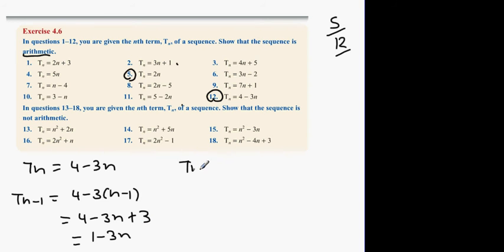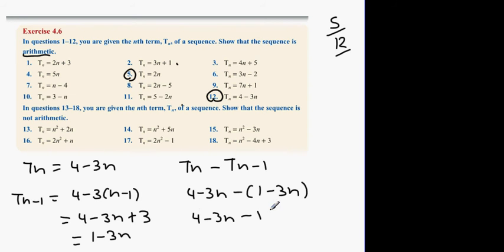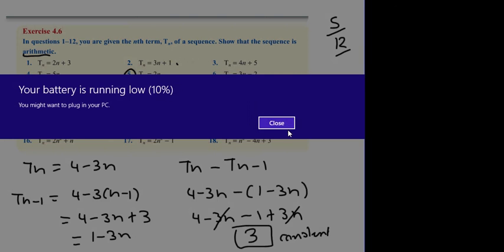Now we're going to do Tn minus Tn minus 1, and we get 4 minus 3n minus bracket 7 minus 3n. Then we're going to get 4 minus 3n minus 7 plus 3n. The 3n's cancel. 4 minus 7 equals minus 3. Minus 3 once again is a constant. So therefore it's an arithmetic series.